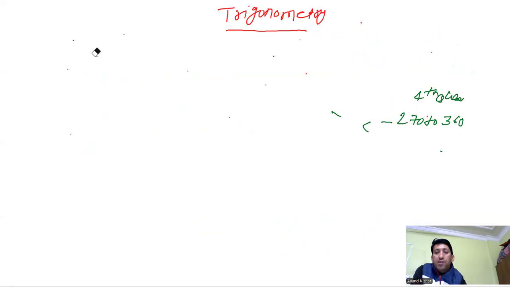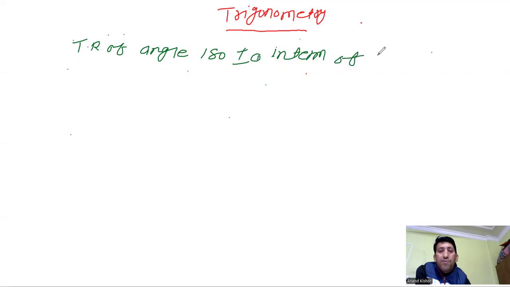So sine(90 plus theta) is cos theta: wherever 90 and 270 come with plus or minus, the ratio will be changed. Now I am writing here the trigonometrical ratio of angle 180 plus minus theta in terms of theta. So see, sine 180 minus theta.